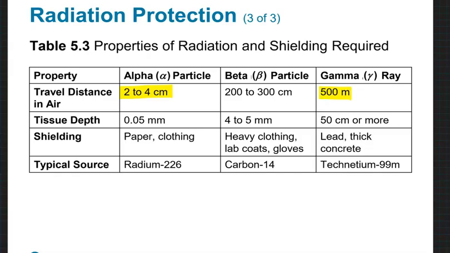Even if we remove all other factors that emerge during the atomic explosion, simple gamma radiation at the distance of half a kilometer is going to kill you overnight. So it all depends on the energy and the amount.